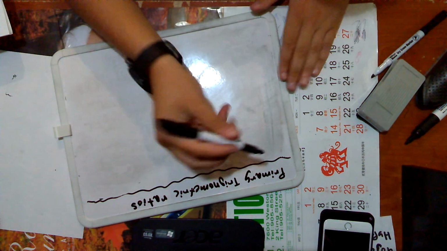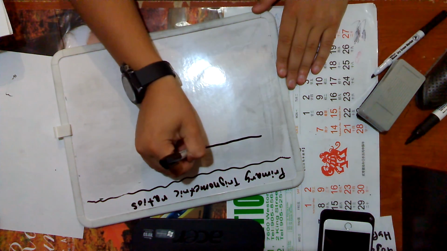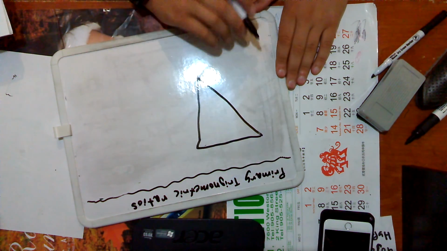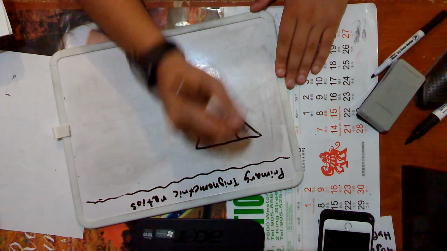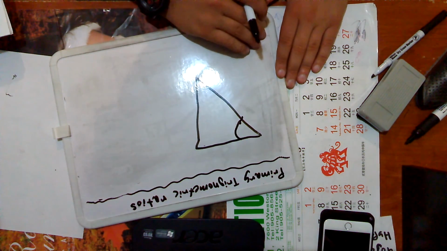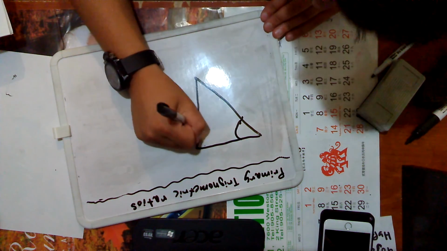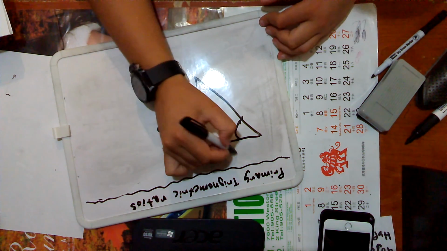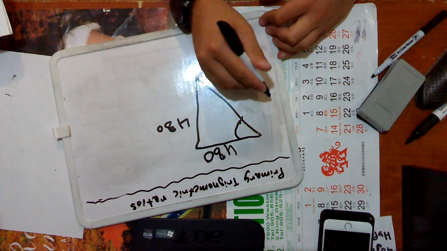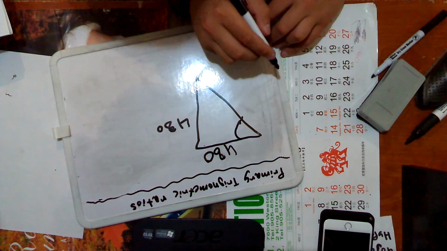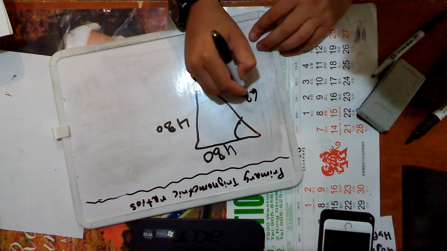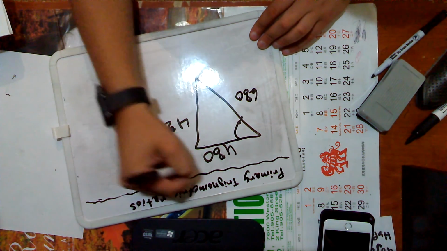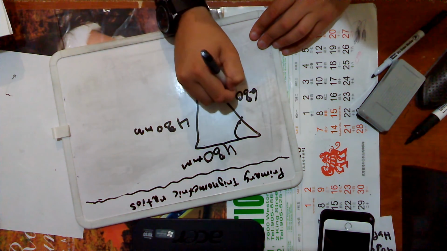So, let's draw this triangle. Let's see the reference angles here. We have 480, 480, and 680 millimeters.